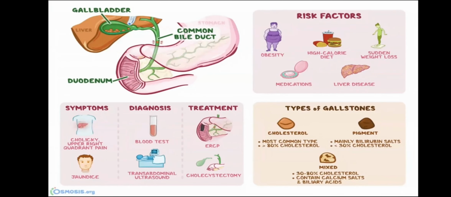There are two types of classification: primary stones and secondary stones. Primary stones are brown pigment stones, and secondary are black pigment stones or cholesterol stones. Primary stones are formed in the common bile duct and biliary tree itself.